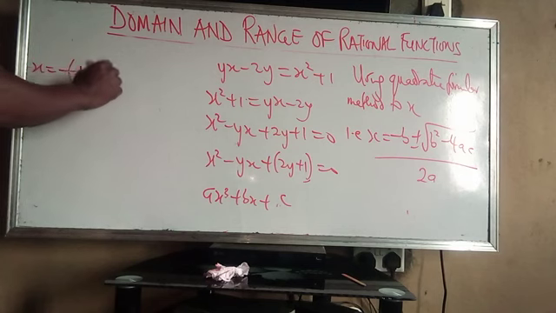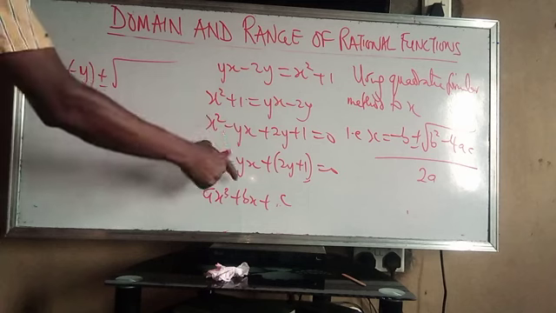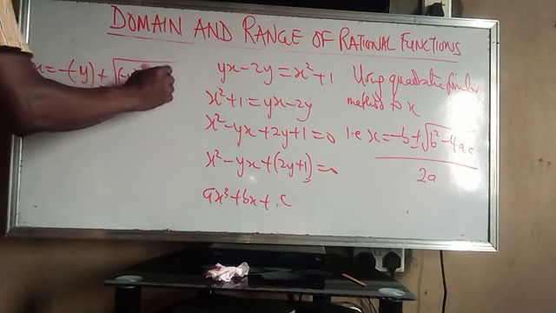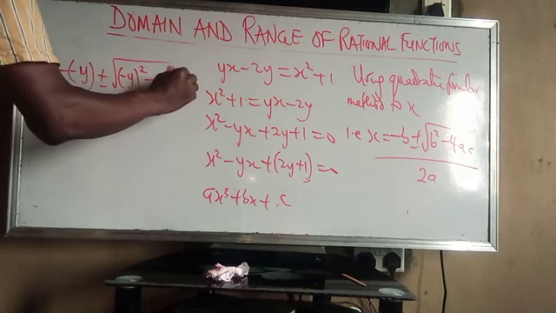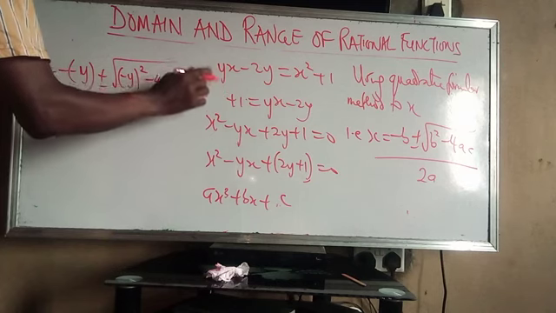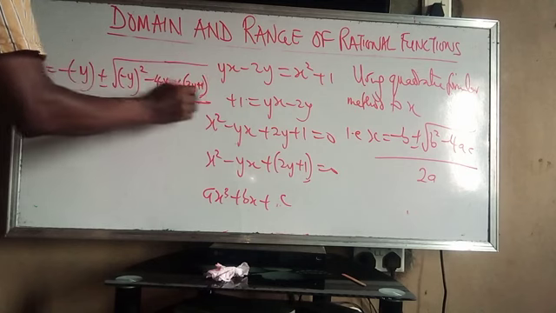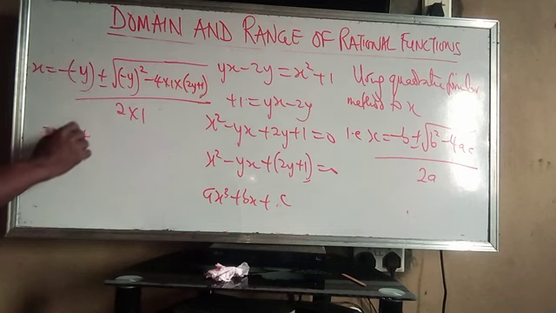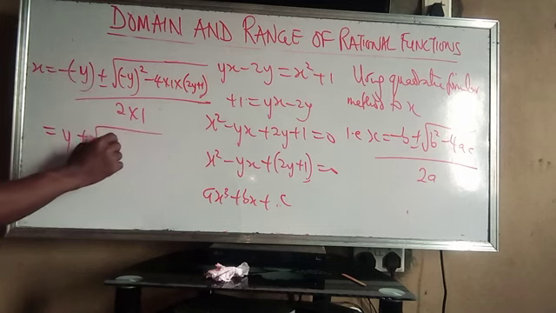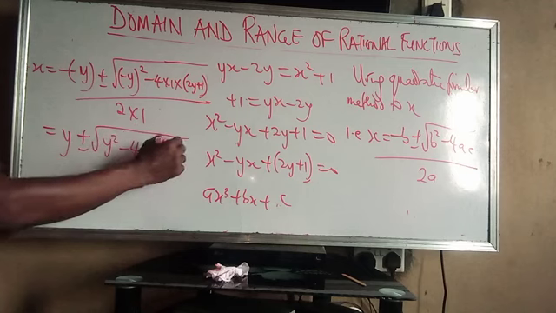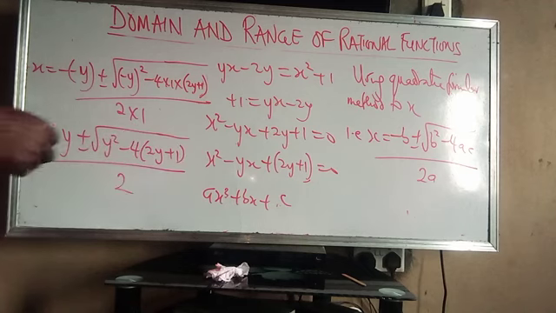Then plus or minus square root of minus y squared minus 4 times 1 times our c, which is 2y plus 1, all over 2 times 1. This will be y plus or minus square root of y squared minus 4 into 2y plus 1, all over 2. So we can expand that.